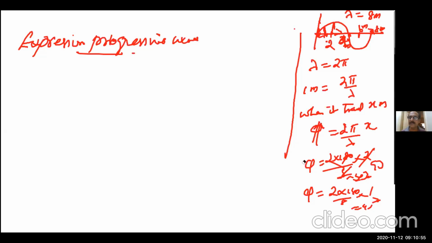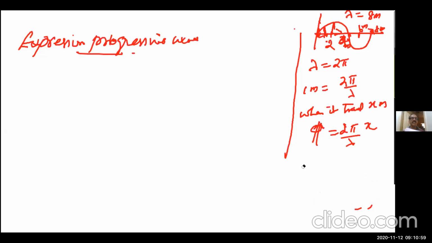Is it clear? Yes, sir. Now let us come back to here. Expression for progressive wave. Okay, look here. Draw this diagram. Here I am marking a progressive wave. Just now we studied when the first particle makes a 360 vibration, this particle is at 0, right?